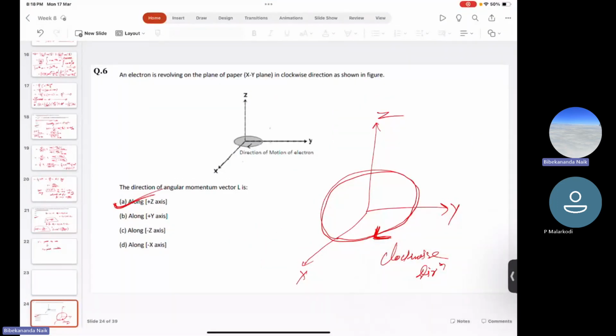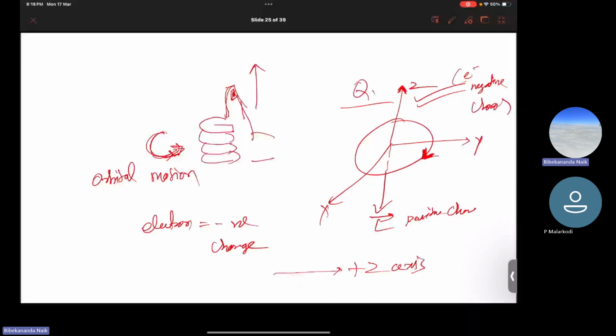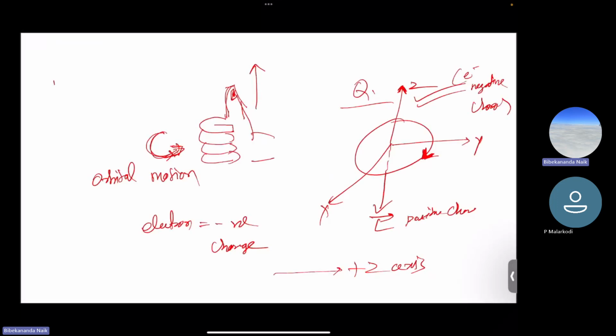If you remember, during the week where there were lectures related to the vector atom model, we had calculated L vector. The L vector expression was minus e by 2m h cross like that.